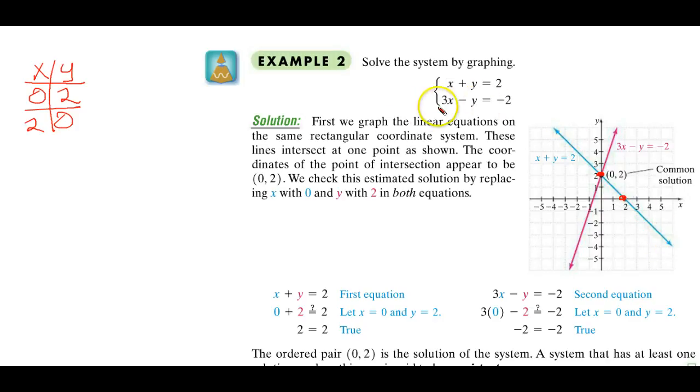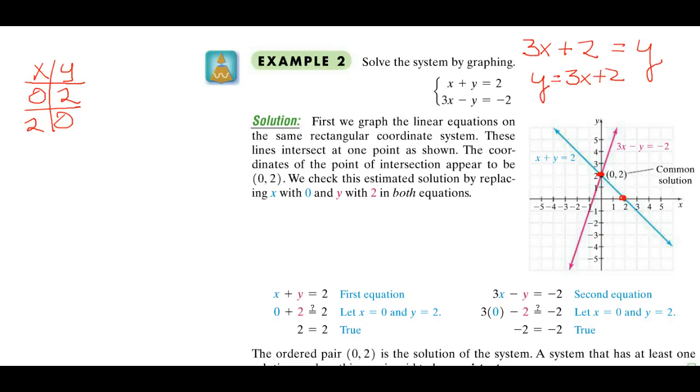Then I would solve this, let's say for y. Transpose the y, and I'd get y equals 3x. Transpose that 2 to the other side, and now rewrite it so we could read it better. Y equals 3x plus 2.